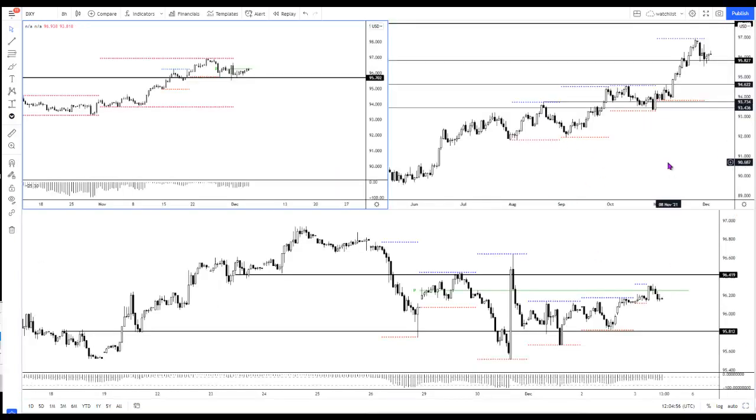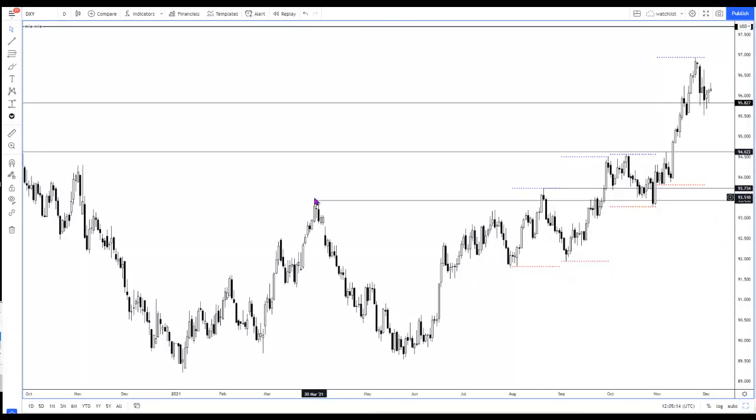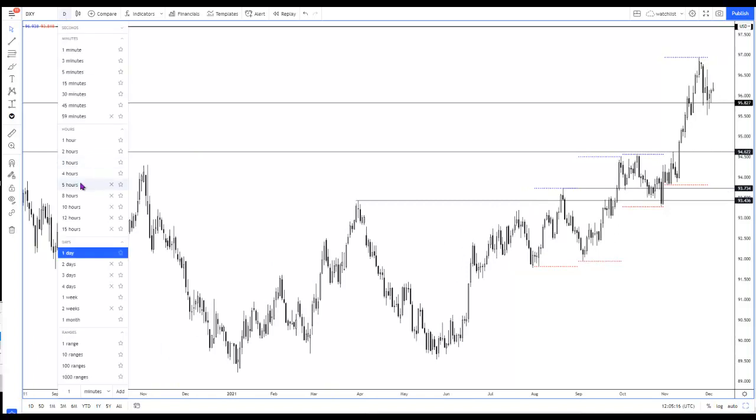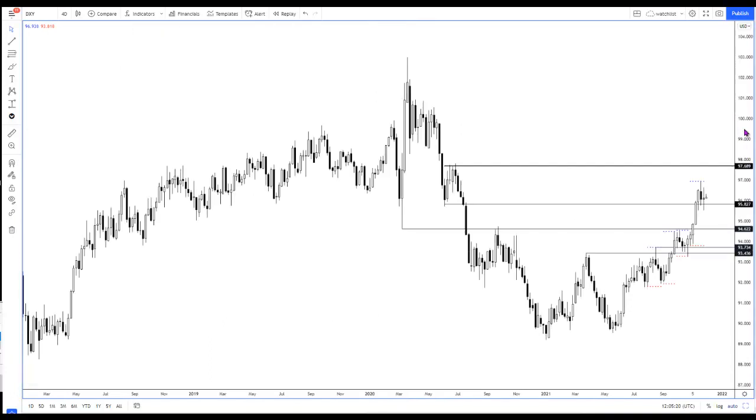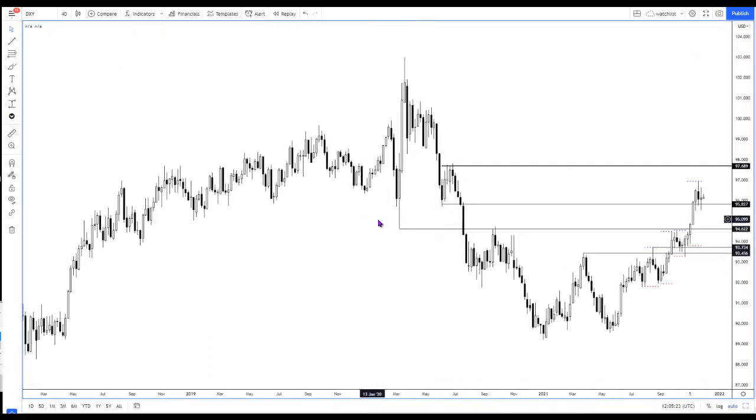What I like about the USD on the long side at the moment is this. Let me show you the daily chart. Actually, I'm going to show you maybe the 4-day chart, yeah, the 4-day chart should do. What I like about where price is trading at the moment on the DXY is that we are above this previous base.